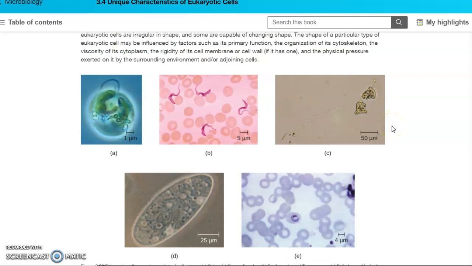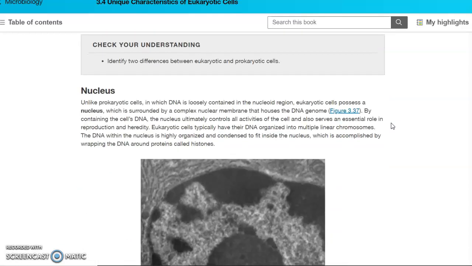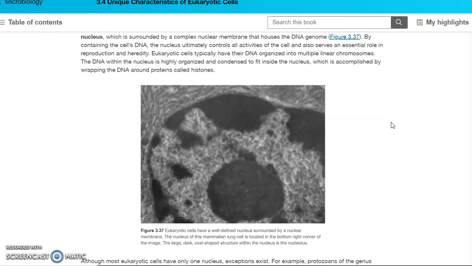So we can still have a variety of different shapes with our eukaryotic cells, just like we saw with the prokaryotic cells. So again, the main structure that sets the eukaryotes apart from their prokaryotic counterparts is the nucleus and the appearance of these other membrane-bound organelles.